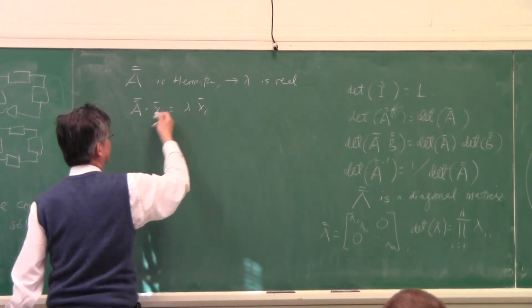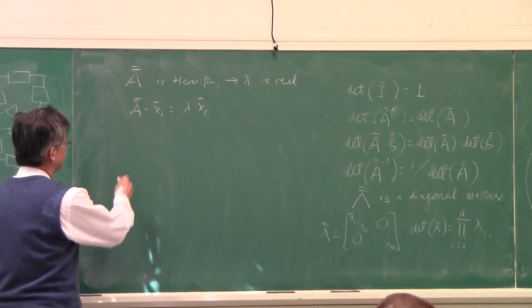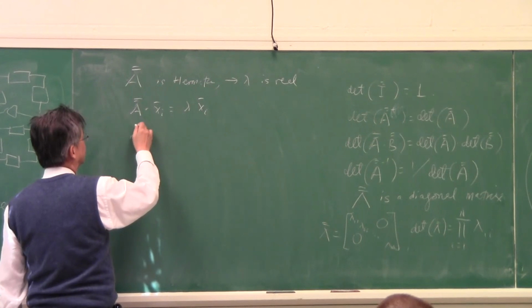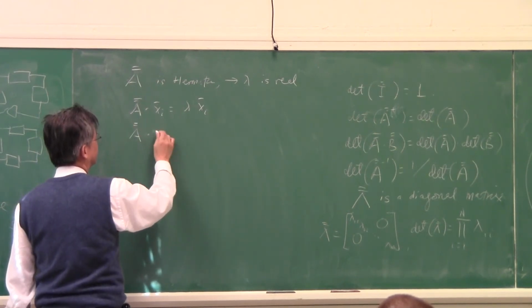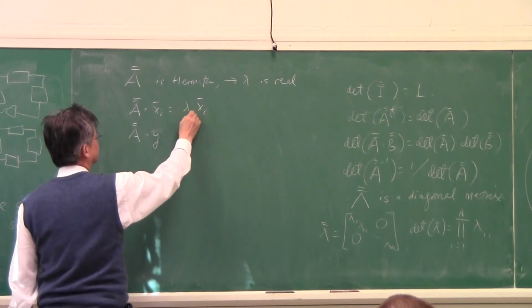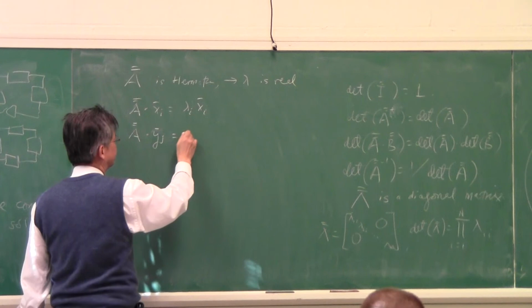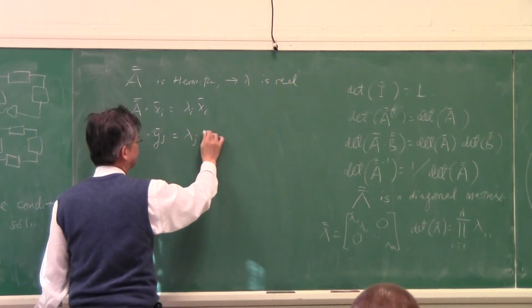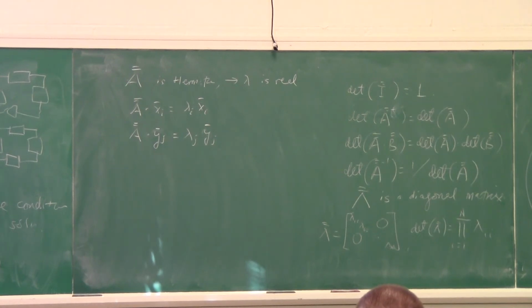Say if I found the eigenvector that this is true. Okay? And then I find another eigenvector. Let me see. Not a very good notation, but I use it anyhow. Lambda j, y j. Okay, I found two eigenvectors that this is true.